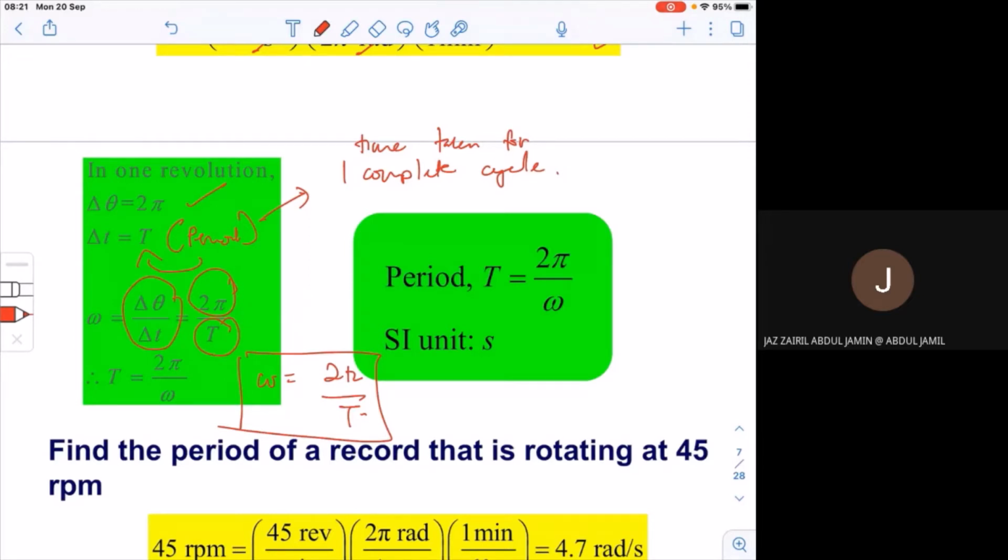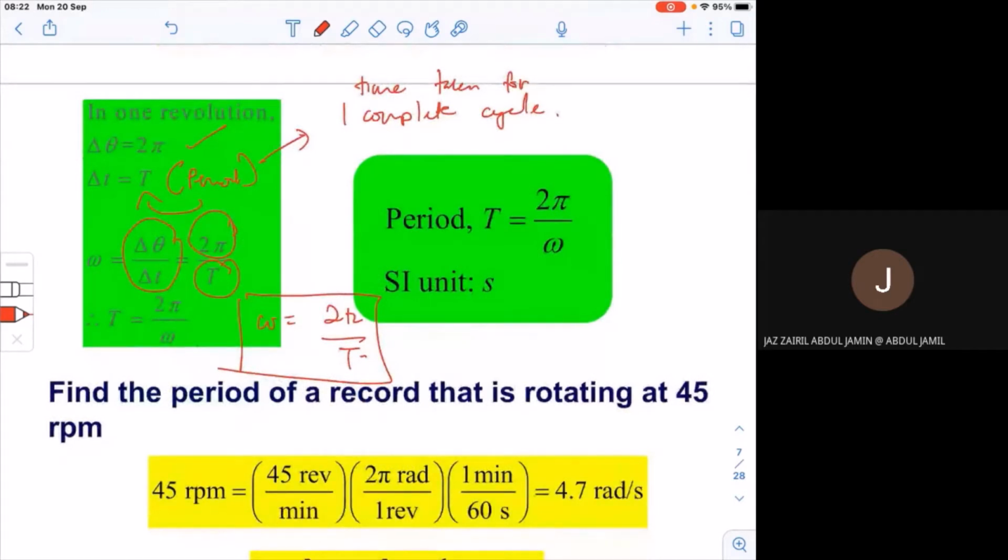We can define one period as equivalent to 2 pi over omega, where omega is the angular velocity. 2 pi means one revolution. Just substitute omega with 2 pi over T, and of course the unit for period is second.